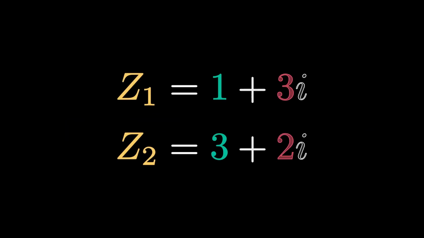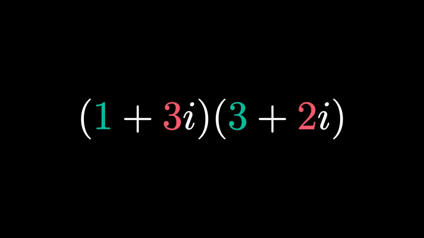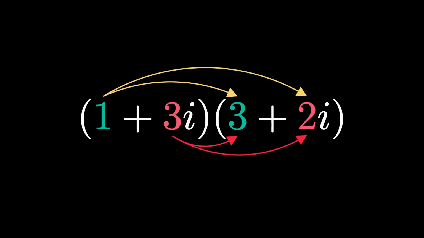Let's do an example together, with z1 and z2 being two complex numbers, 1 plus 3i and 3 plus 2i respectively. To multiply, we write out our complex numbers with brackets. We're going to multiply entry by entry, so 1 times 3 plus 1 times 2i, and 3i times 3 plus 3i times 2i.